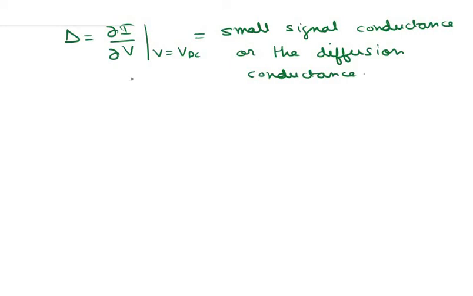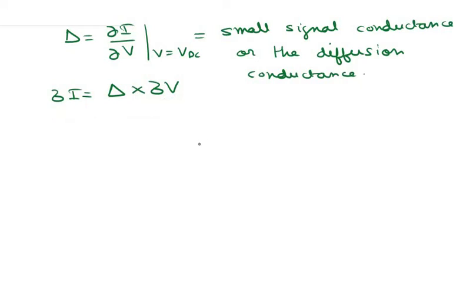Now we can easily calculate this, and note that as I stated, delta I is equal to delta times the small increase in the applied voltage delta V. So once I know the value of delta, this equation relates the small increase in the applied voltage to the small increase in the total current.